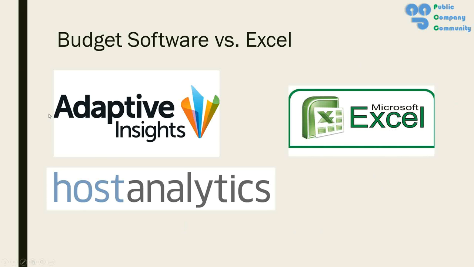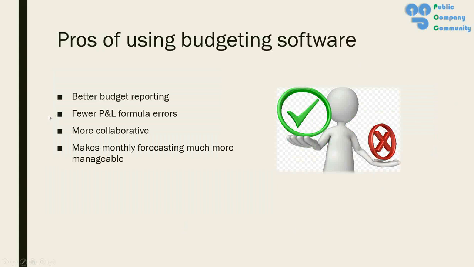So some of the pros of using actual budgeting software is that the budget reports are way easier to run. So for example, a company-wide headcount report by employees takes forever if you're trying to just use Excel spreadsheets, because you need to go into every single department file and accumulate them all. But it's really just a few clicks away if you're using budgeting software.